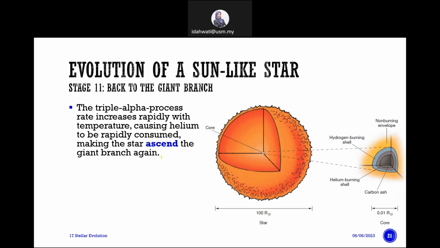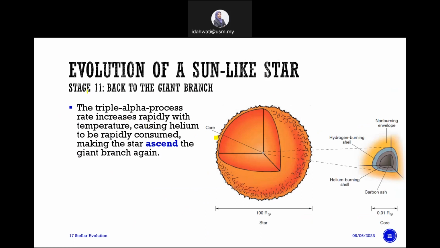So yes, the evolution of this sun-like star is very complex, as you can see from the very beginning of our slide. I think you don't have to remember everything, but you have to know and try to understand how the stages differ from each other.